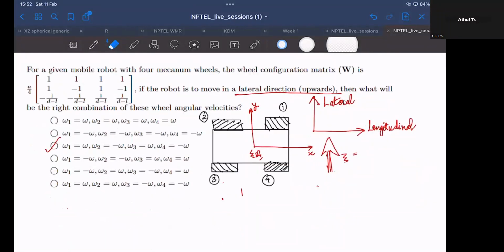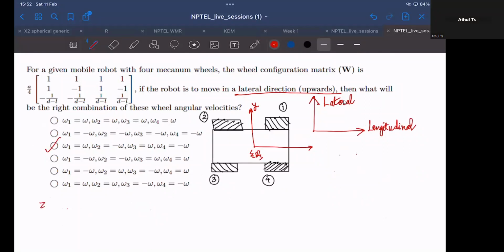As per the question, the robot should only move upward. It cannot move in any other direction. As per the transformation matrix, you will have a robot transformation matrix that relates the joint rates with respect to the control inputs, W times omega.